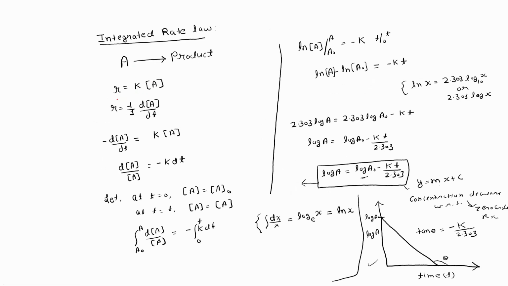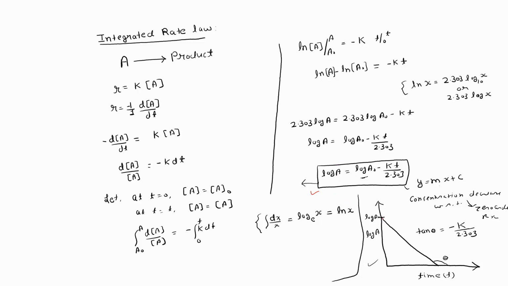Since we know R is equal to Ka, and from the first lecture of chemical kinetics, we know that R can be written as minus dA by dt because A is your reactant. That's why minus. So comparing both the equations, we get log A is equal to log A naught minus Kt upon 2.303, log base 10 actually.